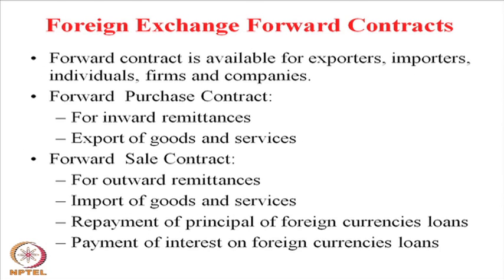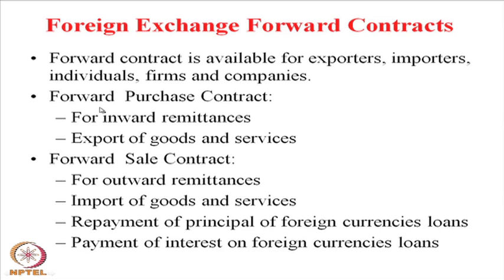And what forward contracts are available in the market? The forward contract is available for exporters, for importers, for individuals, for firms and companies. What are the types of forward contract? Two types of forward contracts are primarily available: the forward purchase contract and the forward sale contract.